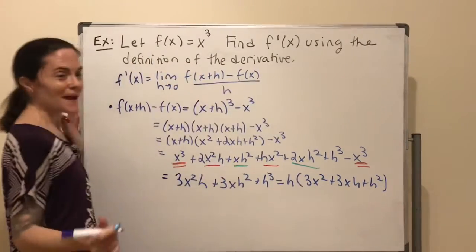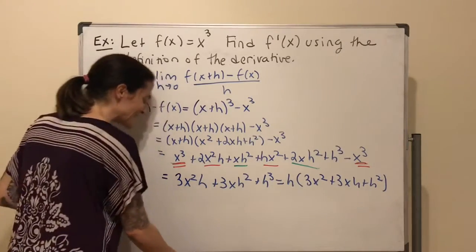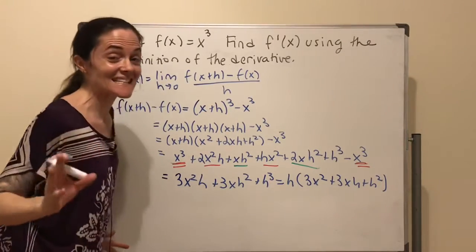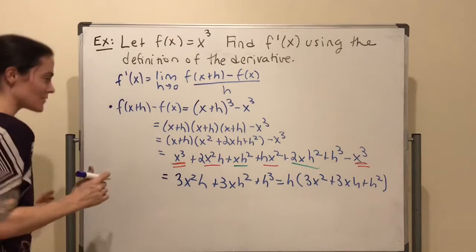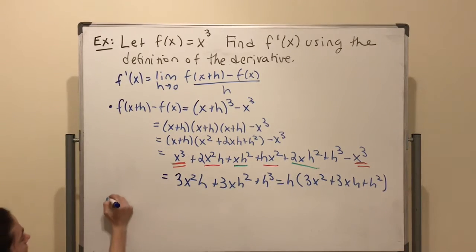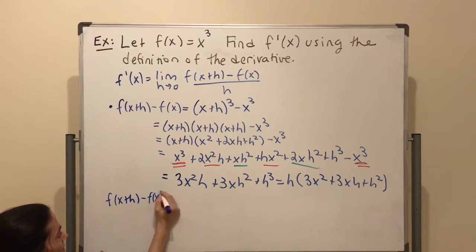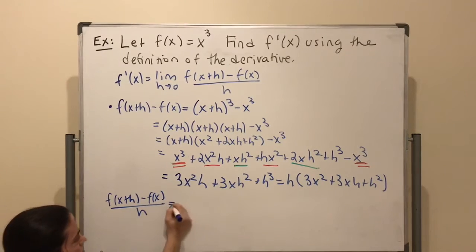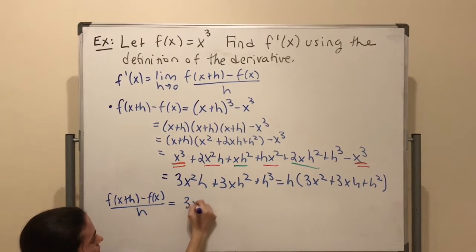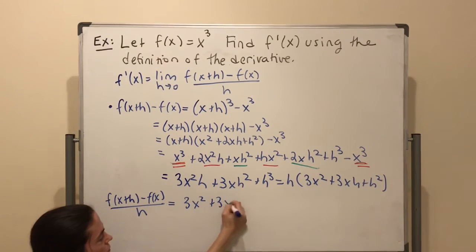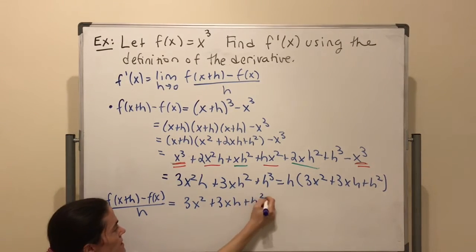Now let's divide by h. This seems like a lot of x's and h's, but we're exactly where we need to be. f of x plus h minus f of x divided by h is 3x squared plus 3xh plus h squared.